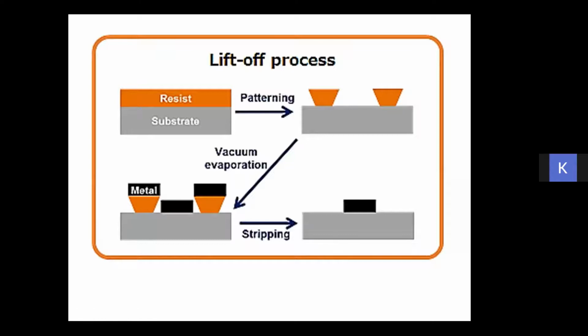But if the metal thickness is more and the metal film becomes a continuous film, then when the photoresist moves out, it will take the whole metal film off. And after you take it off, you will see just a plain silicon wafer with no metal pattern over it. So that is obviously again an experience that you need to achieve for this process.